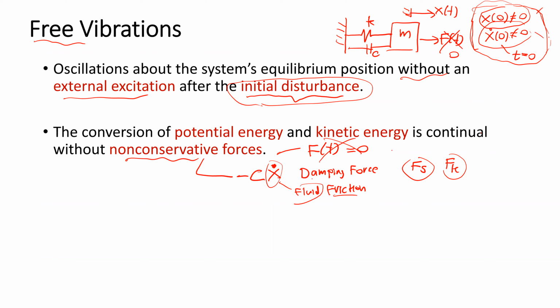The fluid friction or the Coulomb friction is a non-conservative force in the system of free vibration. And the conversion of potential and kinetic energy was already introduced in the previous slide.